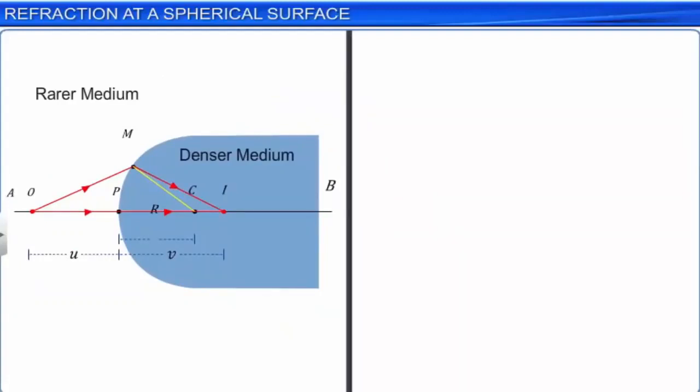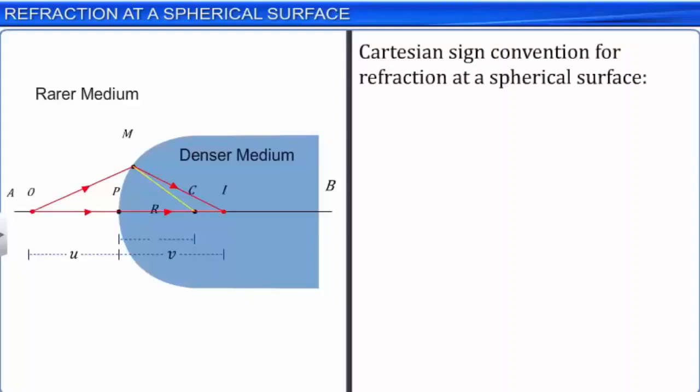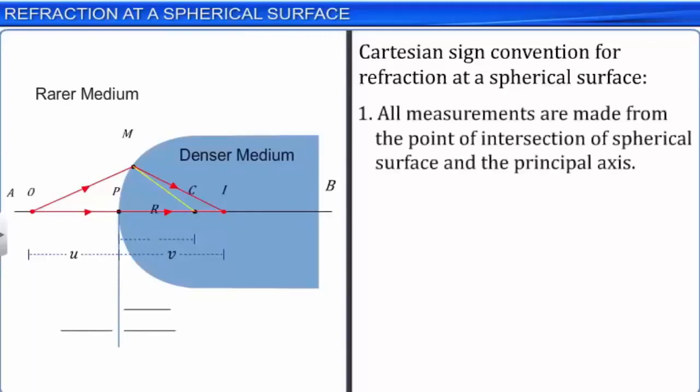All measurements are made from the point of intersection of the spherical surface and the principal axis. 2. Measurements are taken as positive if they are in the direction of the incident light, otherwise they are taken as negative. 3. Lengths measured upwards are positive. They are negative if measured downwards.